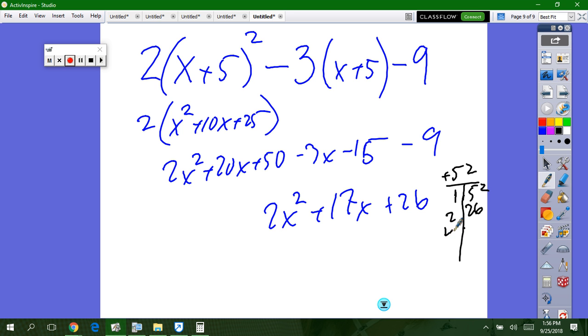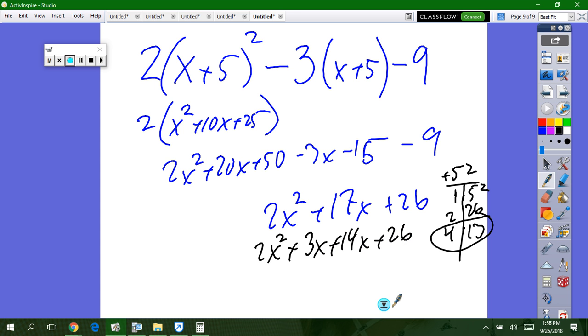Can 4 go? 4 and 13. There's my pair that gets 17. Did everybody see what I did there? Okay. But I'm going to show you a faster method after I'm done here. I have to check that 13. Is that better?